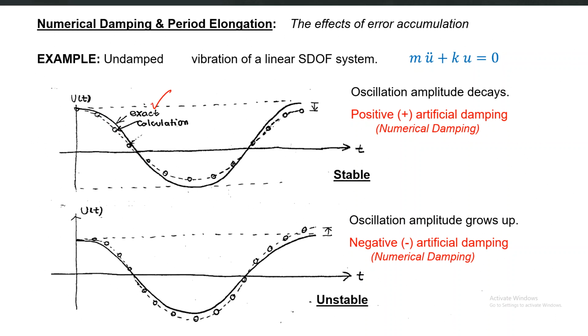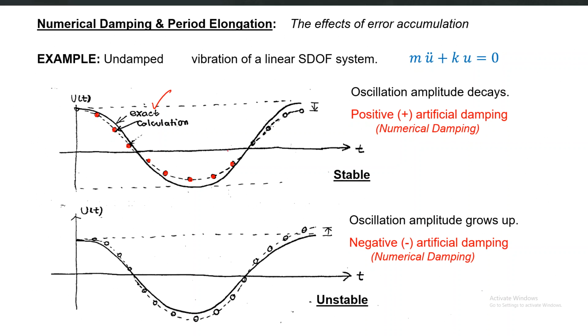And let's say that your method which you are using for the step-by-step direct integration is resulting in these dotted lines with marks. So these dotted lines with marks are in fact your calculation result, which is coming from step-by-step direct integration, and the solid black line is your exact solution.